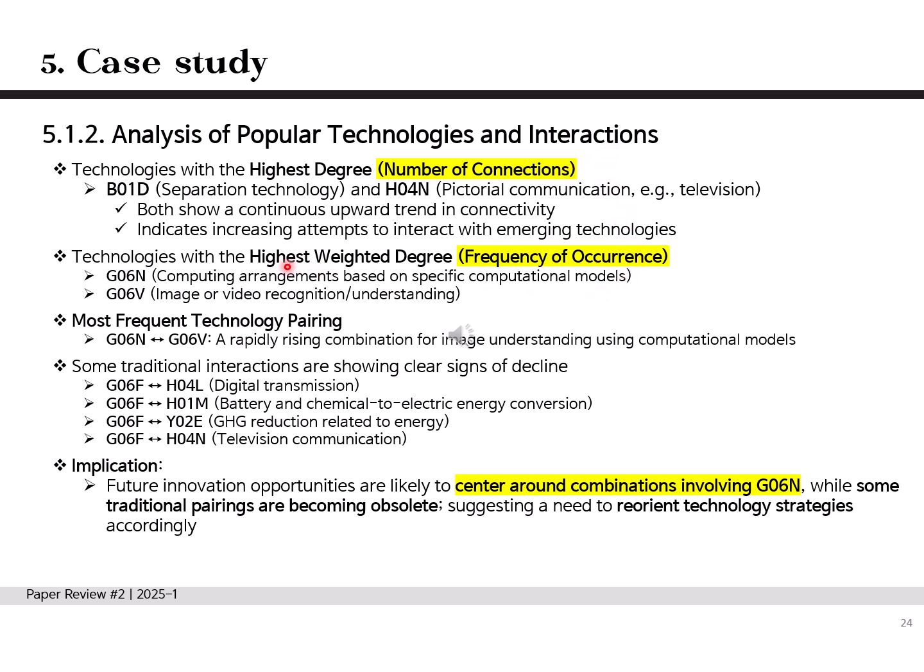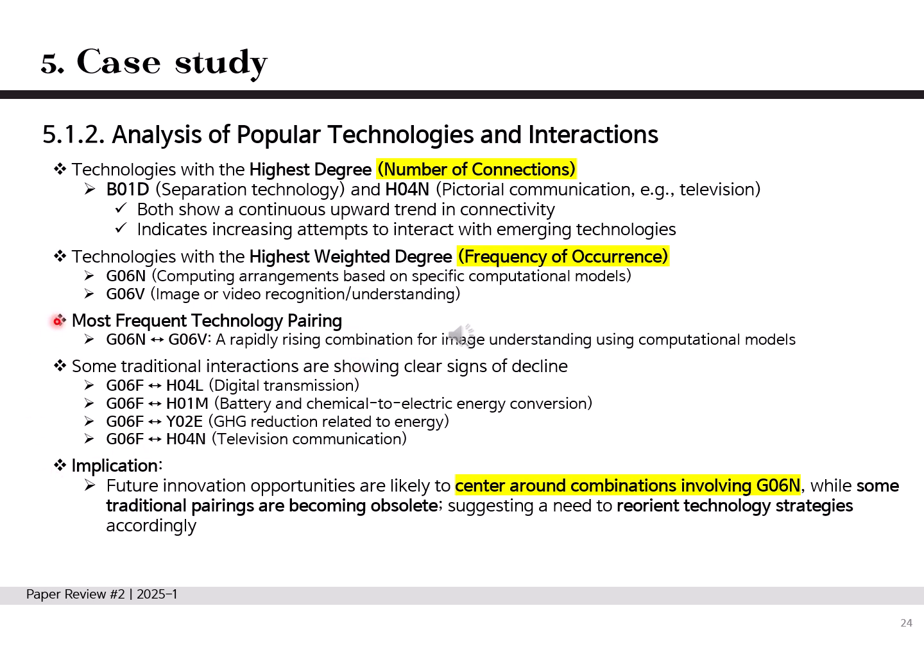For the highest weighted degree, which means the frequency of occurrence, G06N and G06V, which are computing arrangements based on specific computation models and image or video recognition and understanding, have good frequencies of occurrence, and G06N and G06V have the most frequent technological pairing.